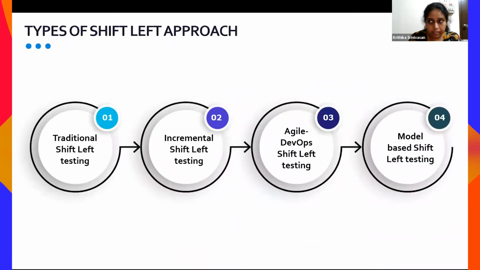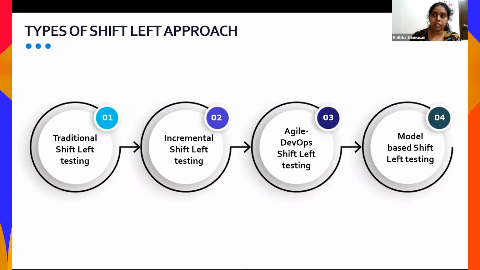Incremental shift left testing is where we break the entire application testing into smaller modules. We test one module, the smallest module. We look out for bugs, find the resolution and mitigation strategies, apply them, fix it, and get it ready for application use. And then we integrate it with the second module.